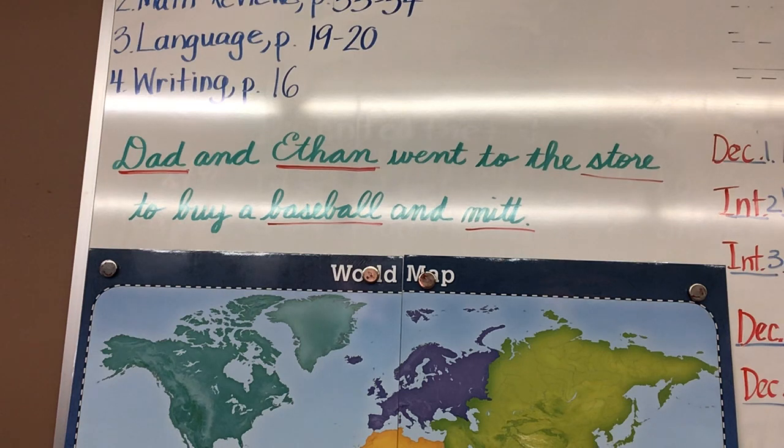Friend. Friend? Another person? A friend is a person, isn't it? So that would be a noun. A person, place, or thing. Isn't friend a person?